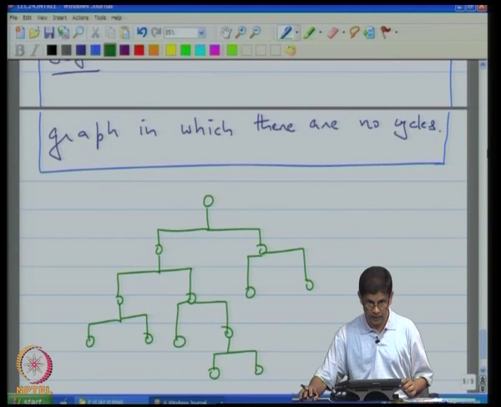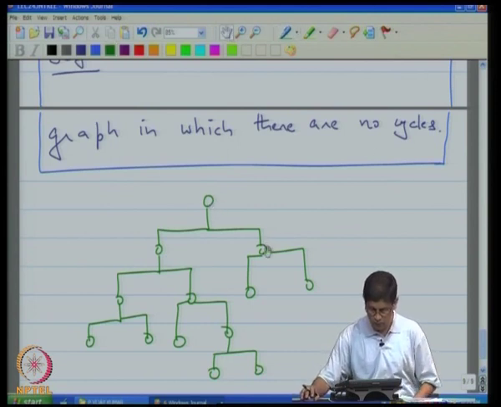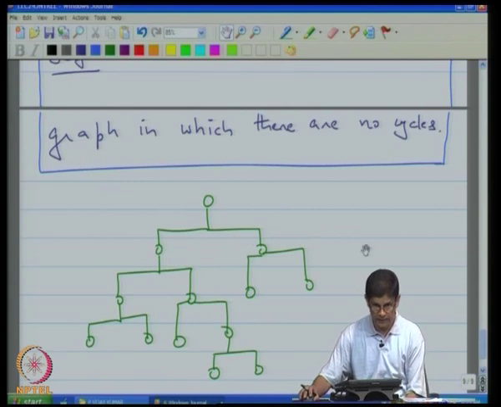These are nodes and these are the edges, and you can see that it is connected in the sense that by traversing a sequence of edges you can go from any node in this graph to any other node.